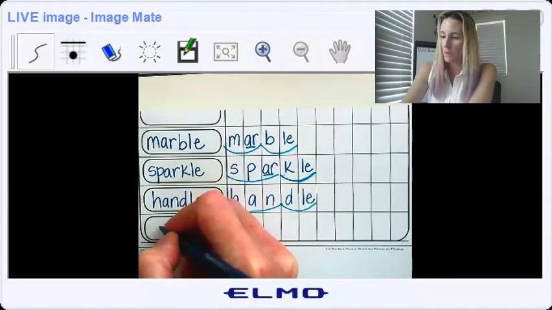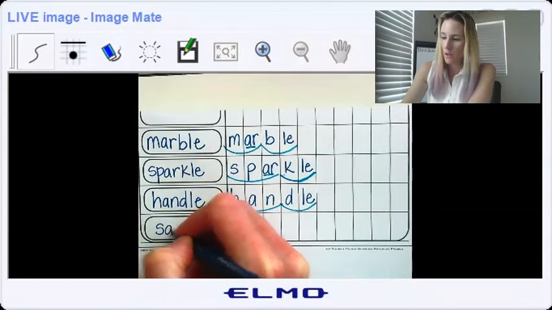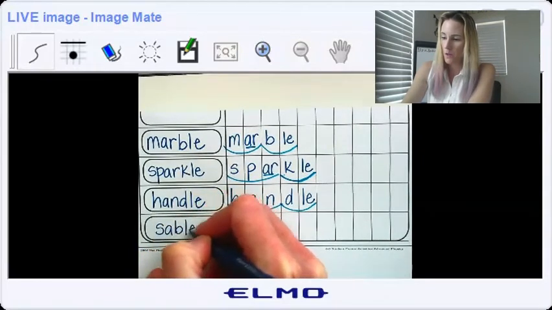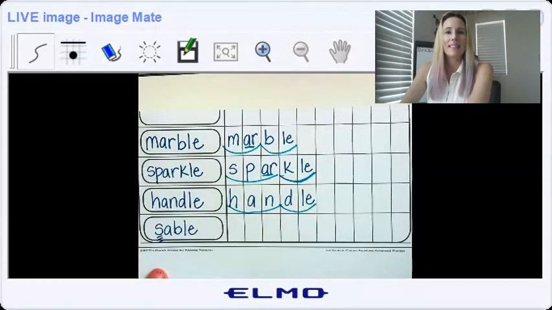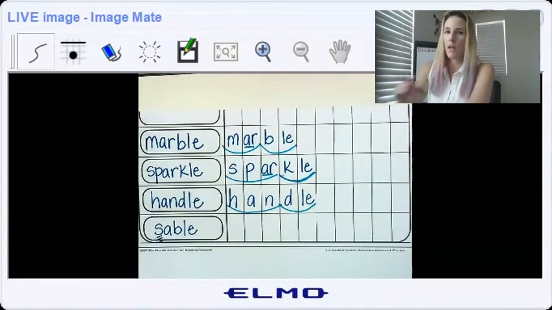And then this is going to be a name in our story. So I should capitalize that, which I did not do. So that says Sable. So tap your sounds.